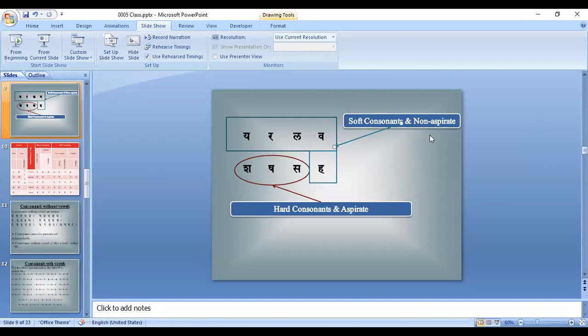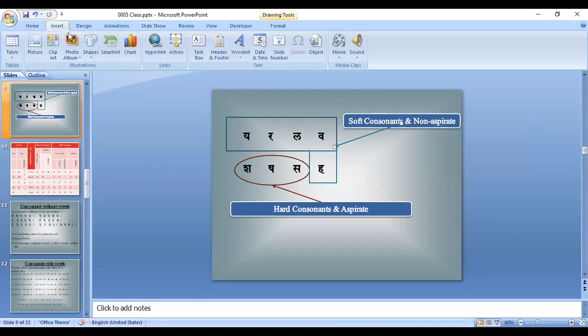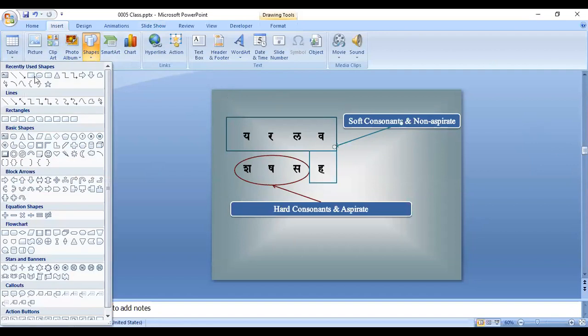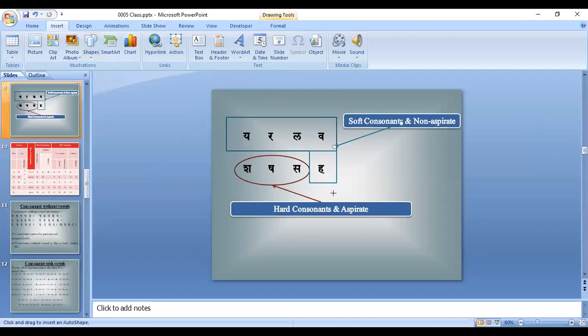The semi-vowels, ya, ra, la, va, are soft consonants and non-aspirate, that is, alpa prana. Whereas all the sibilants, sha, sha, sa, ha, they are aspirate. I just corrected that in the slide.